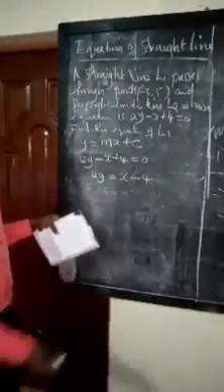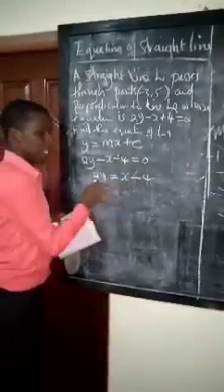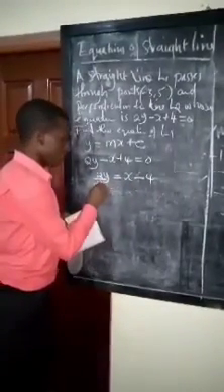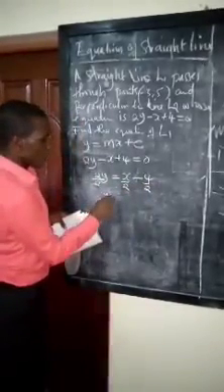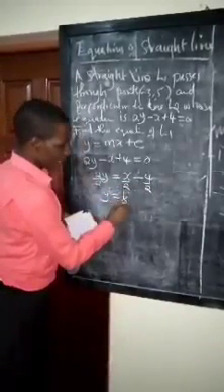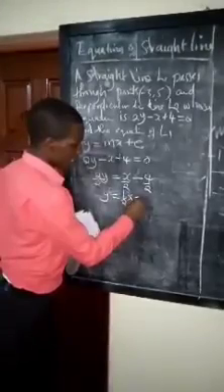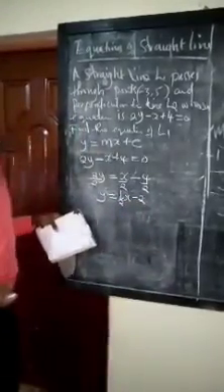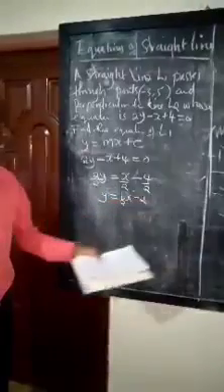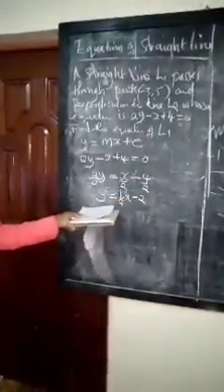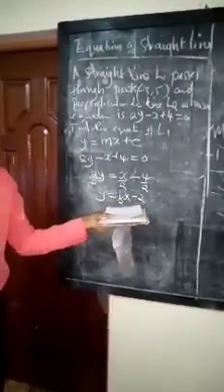Then we divide all through by 2 to be left with y on one side, and we get y equals half x minus 2. That equation is already in the form of y equals mx plus c. Therefore, the gradient is half. The y-intercept is negative 2.